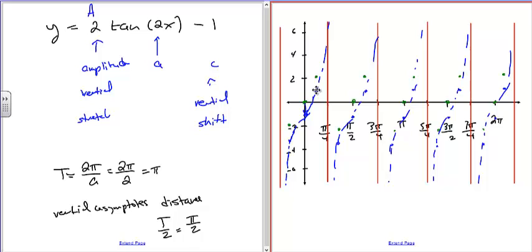Instead of going to 1, the tangent of pi over 4 is 1. Because of this we go 2 units up, so that stretches it in the vertical direction. And then I had this vertical shift of -1, so I moved all the points down 1 unit, after they've stretched, they've shifted down 1.